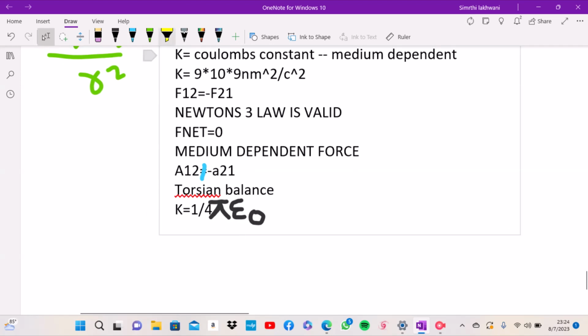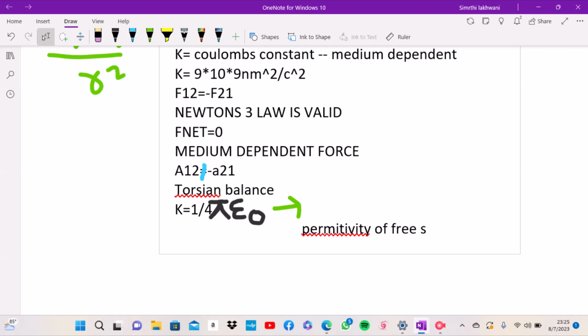This is the value of K. Now what is epsilon naught over here? Epsilon naught is the permittivity of free space.